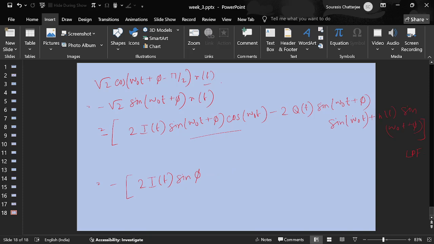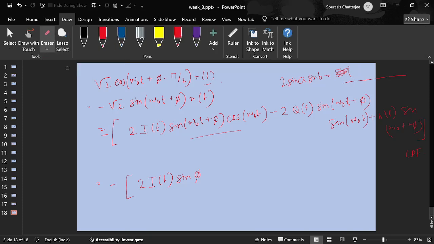And from this, it is 2 sin a sin b, which is sine 4 omega naught t plus phi minus sine phi. So that is sin a plus b plus sin a minus b. Let us write in terms of a and b.